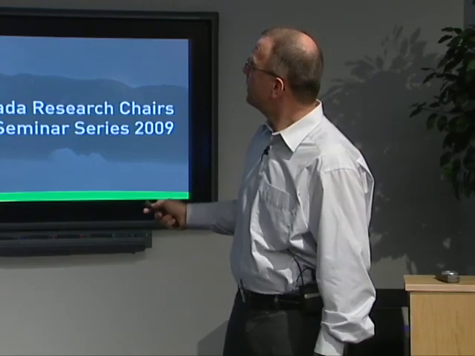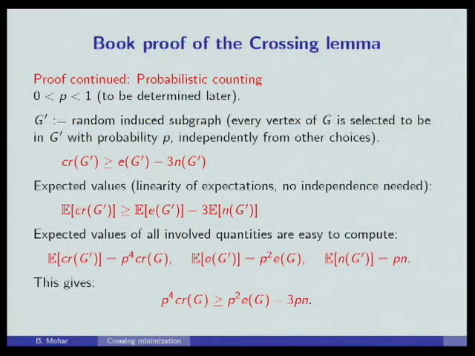And what is the expected number of crossings? So I have chosen some vertices, and some crossings have been left. Now, to get a crossing, I must have chosen all 4 vertices that make the 2 edges cross. And so the probability that I have a particular crossing left in my G prime is p to the 4, because that's the probability that I have selected all these 4 vertices.